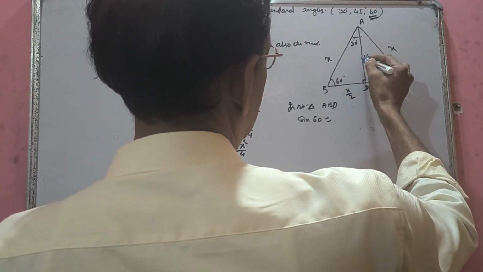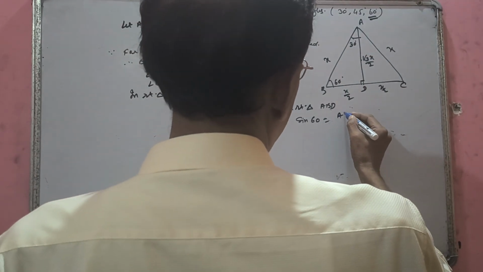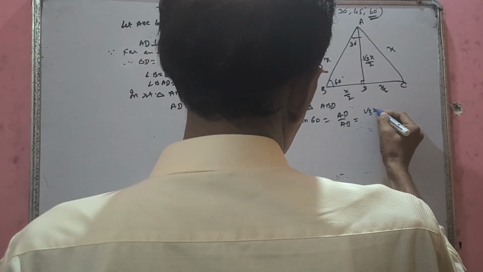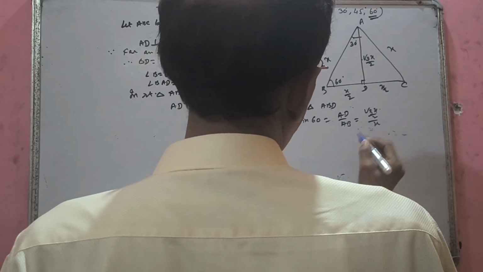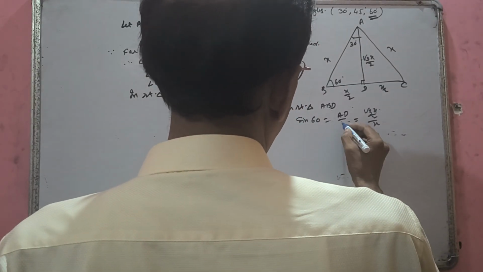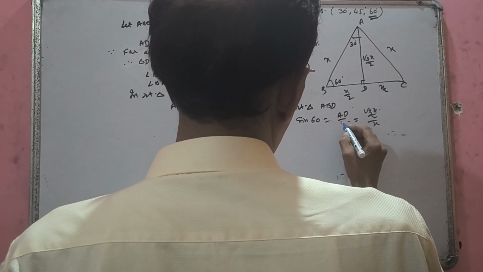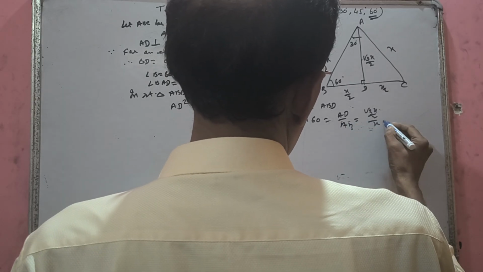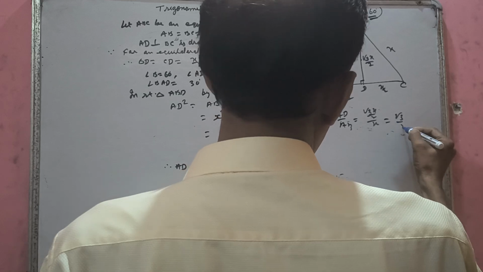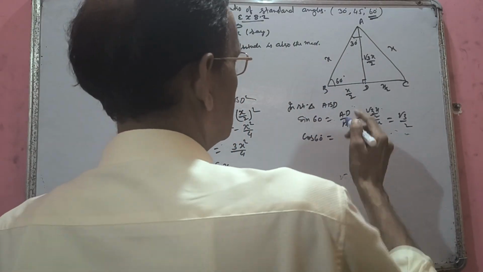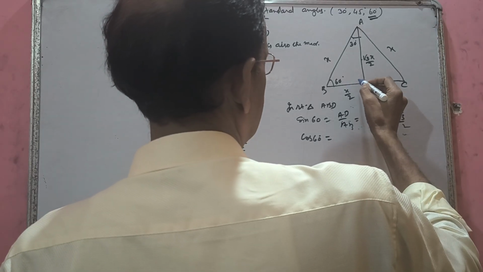P by H, the opposite side by hypotenuse. So AD by AB. AD is root 3X by 2, AB is X. So X cancel, how much will we get? Root 3 by 2. Then cos 60 degree equal to adjacent side by hypotenuse.